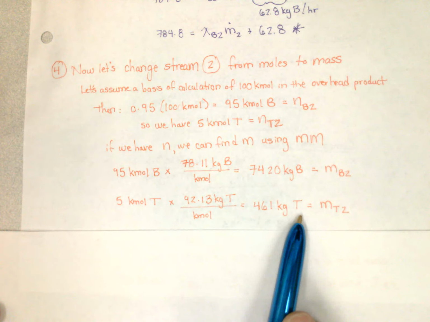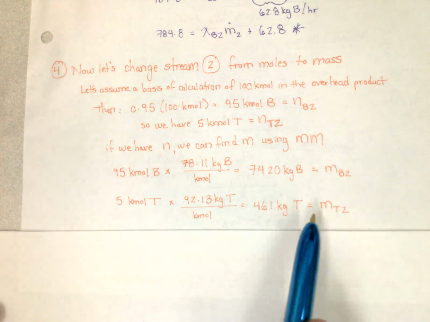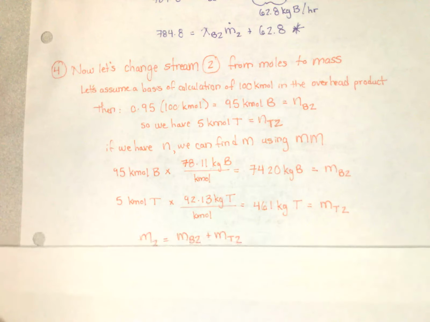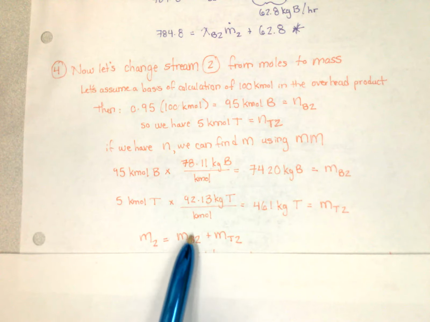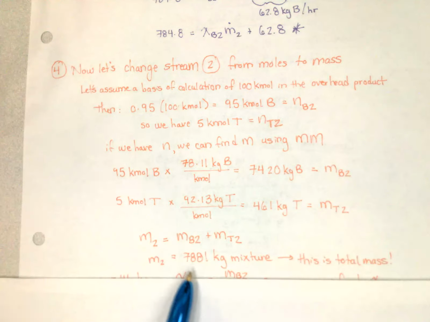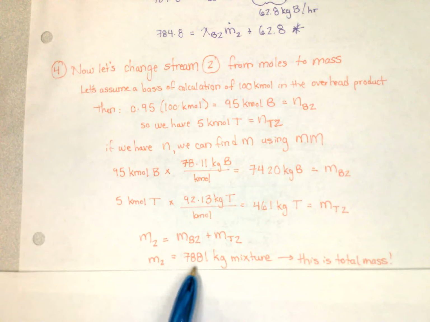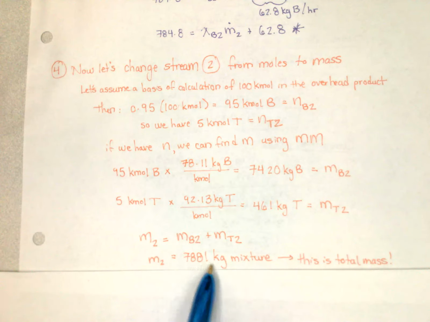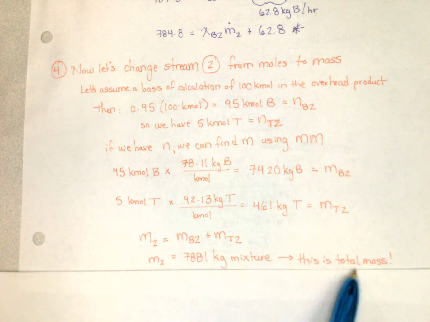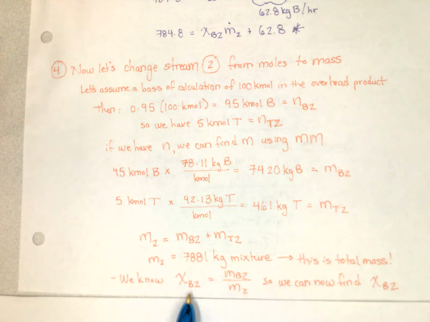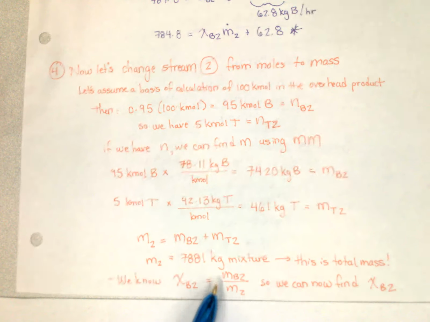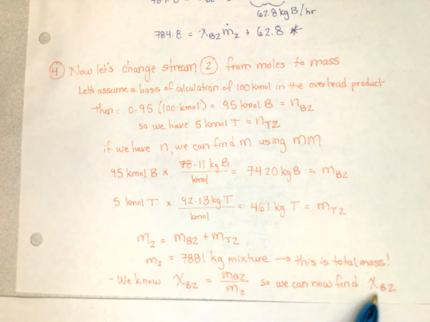And then remember that your fraction is equal to the component divided by the total. So the total mass that's in 2 is going to be the mass of benzene plus the mass of toluene, which means that we have a mass 2 of 7,881 kilograms of mixture, and that's the total mass. Now, if you remember, mass fraction is component over total. So we can now find the component X sub B2 that is in that stream.